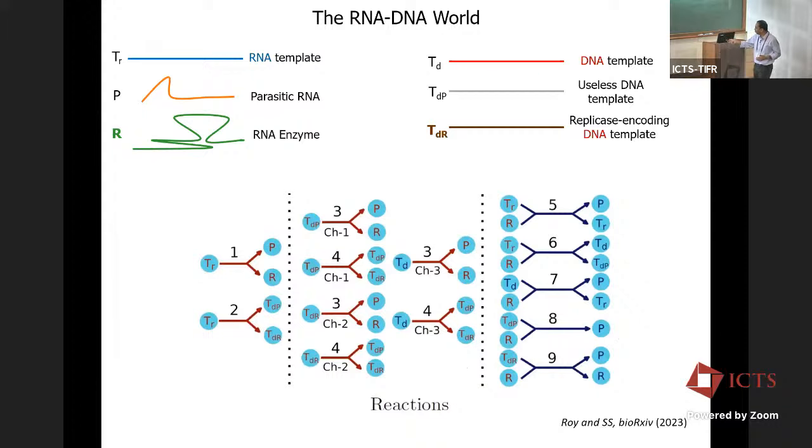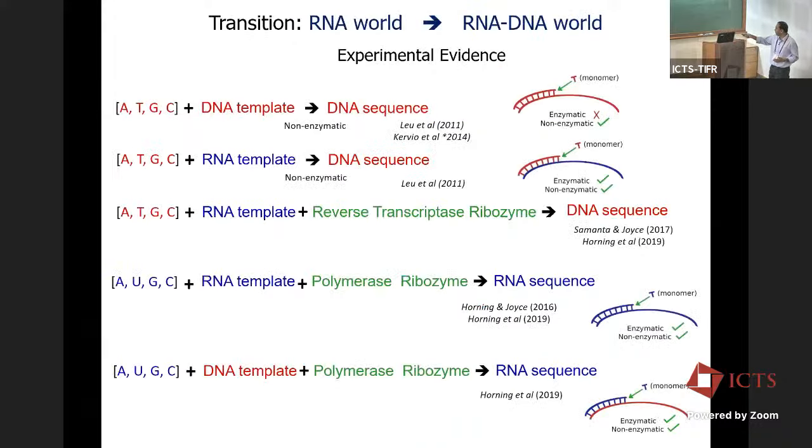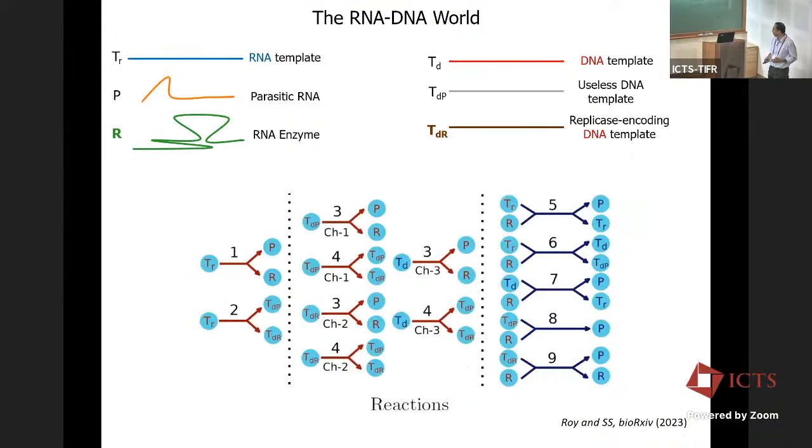So we found that the space of reactions can be expanded quite a lot when you include DNA nucleotides into the picture and allow for DNA sequences to be synthesized using these kinds of template-directed processes that Joyce and collaborators found.